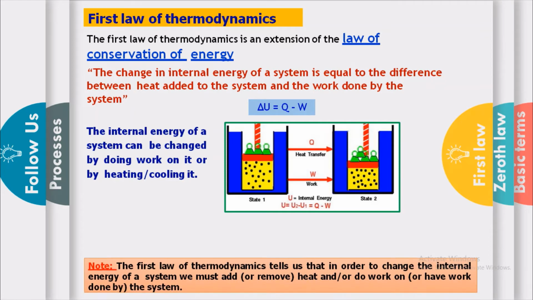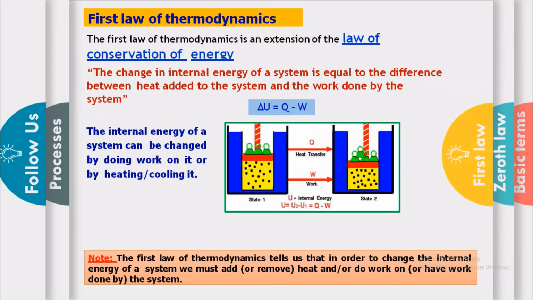Here it is noted that the first law of thermodynamics tells us that in order to change the internal energy of a system we must add or remove heat, or do work on or have work done by the system. This statement is also important in concern with the first law.